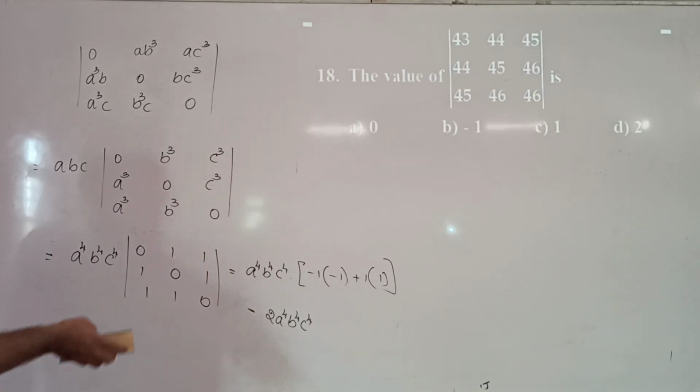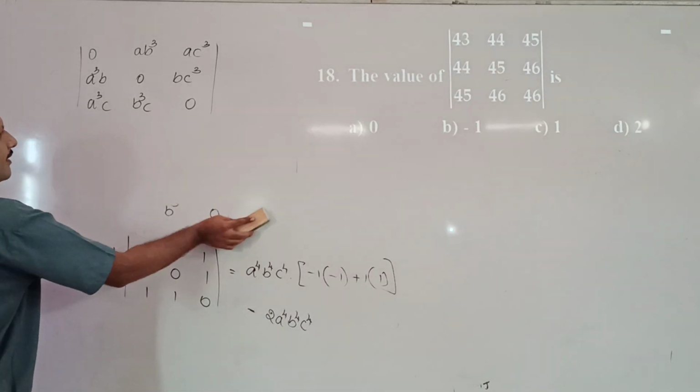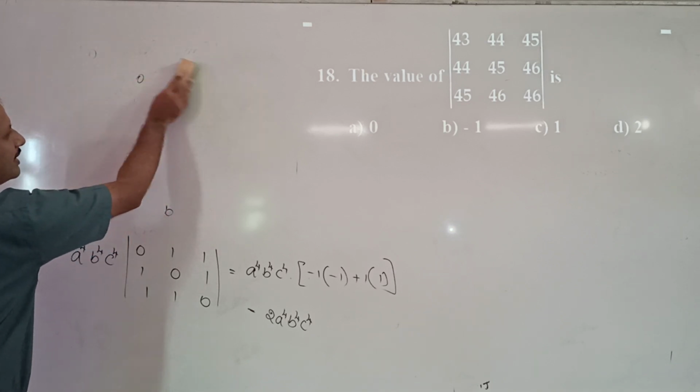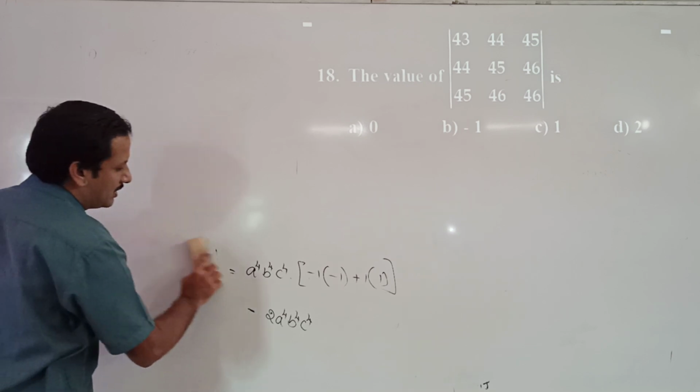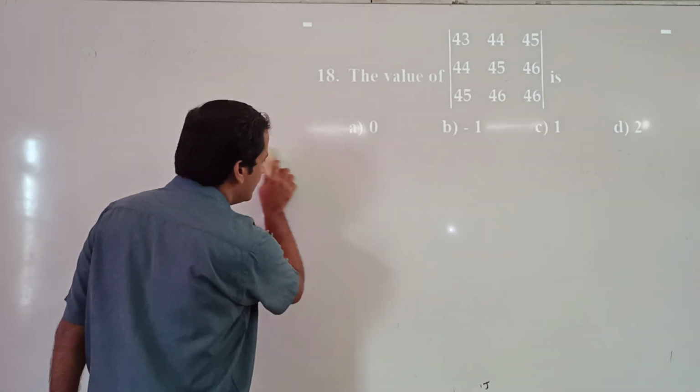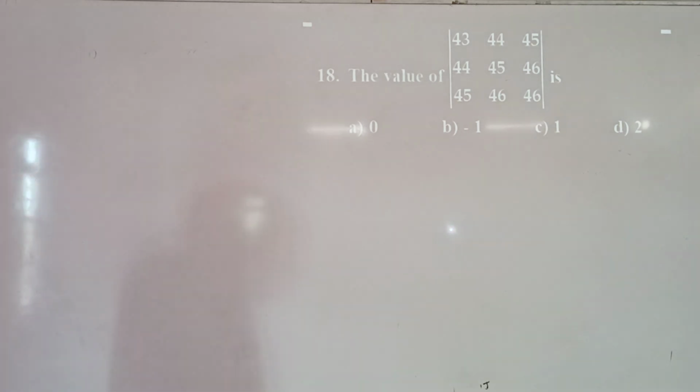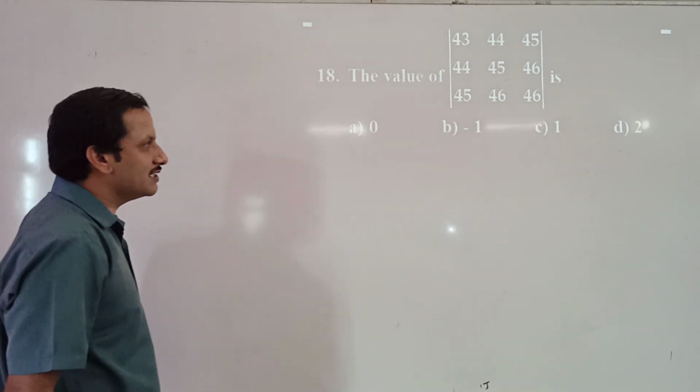Then 18th question. The value of the determinant of 43, 44, 45, 44, 45, 46, 45, 46, 46 is. Many of the students by looking at this will think that the answer is 0.